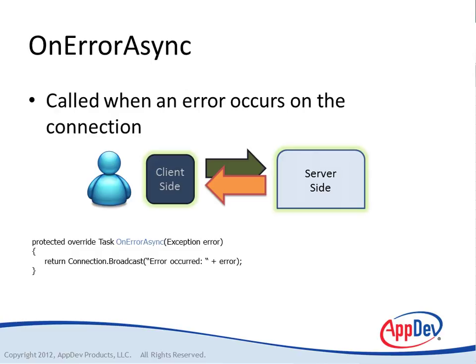And that would go out to all the users that currently had a connection to your web application. So here is the method task that traps the error and the exception. So here we are simply returning a connection.broadcast that's saying an error occurred and then passing what the exception actually was. So let's look into Visual Studio and see how this is done.